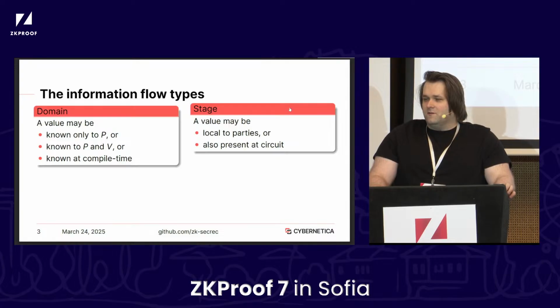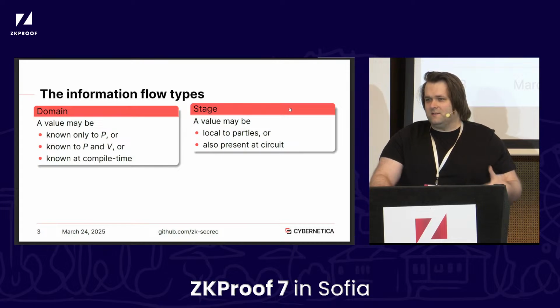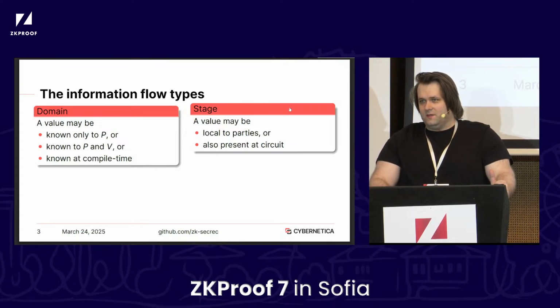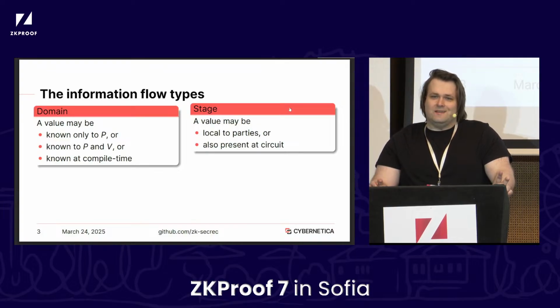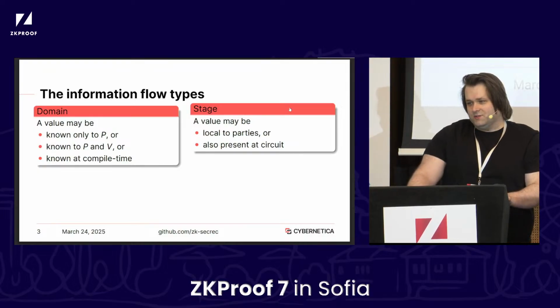Another quirk of zero knowledge is that we have on-circuit and off-circuit computation. So anything that is actually executed within the proof, versus stuff that the prover could do in their head. We took these notions and built the type system from them.